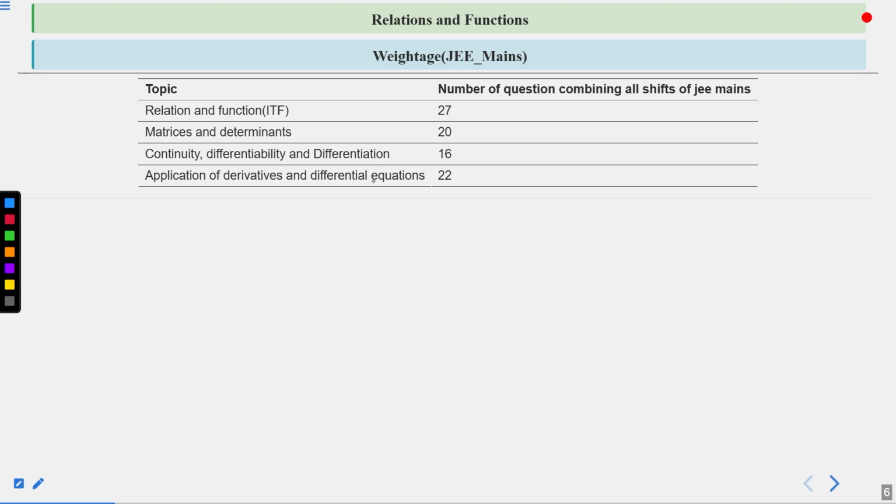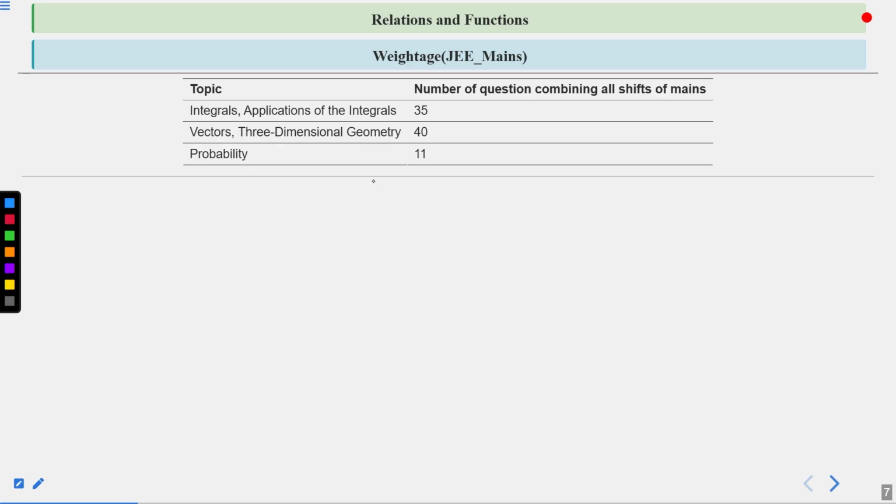Relation and function, considering ITF in it, 27 questions, matrices and determinants 20 questions, continuity and differentiability 16 questions, application of derivative and differential equation 22 questions, integrals and application of it 35 questions, vectors and 3D 40 questions, probability 11 questions. So this is the analysis of previous shifts of Mains. Clear?